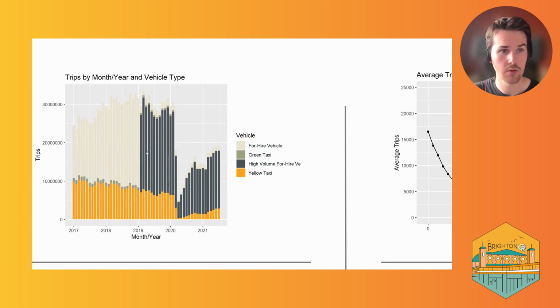And also it's interesting that vehicle types kind of magically changed at the start of 2019 from for hire vehicle to high volume for hire vehicle. I believe that's around legislation of Uber, the way that Uber trips get categorized. So that must have changed at the start of 2019.